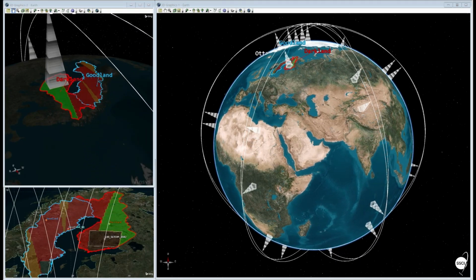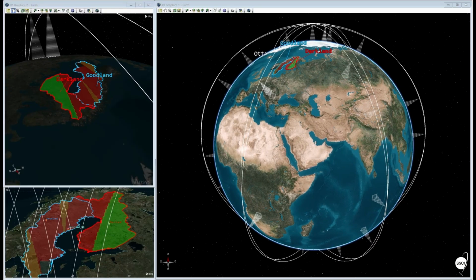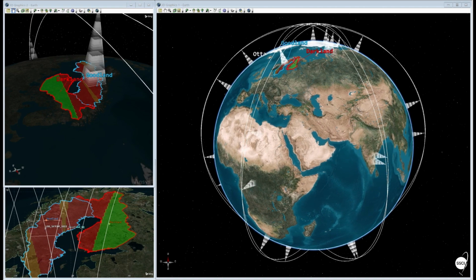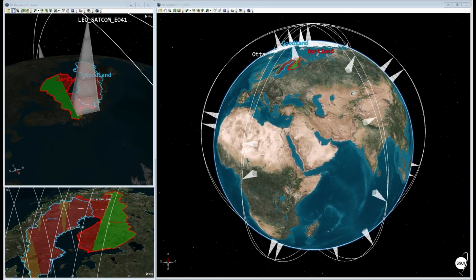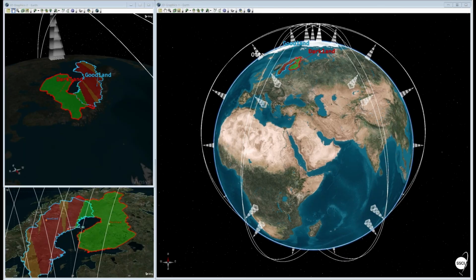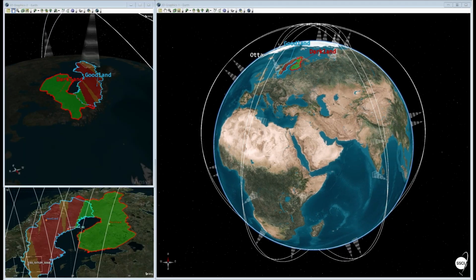Low Earth orbit systems operate very differently. Instead of a small number of fixed satellites, LEO constellations rely on many satellites moving rapidly overhead. In this scenario, I populated a simple LEO constellation totaling 36 satellites with attached comms and imaging sensors.